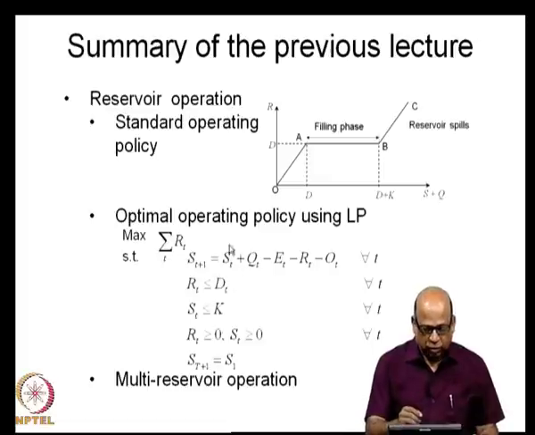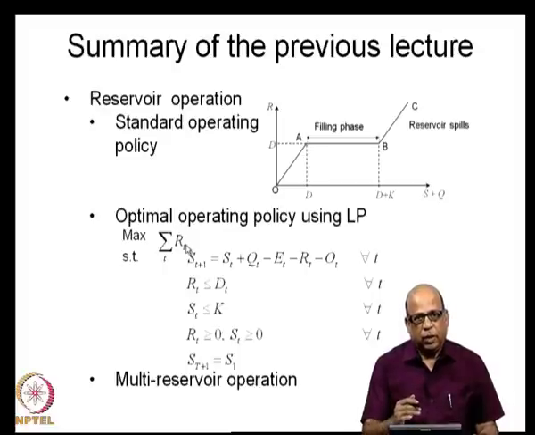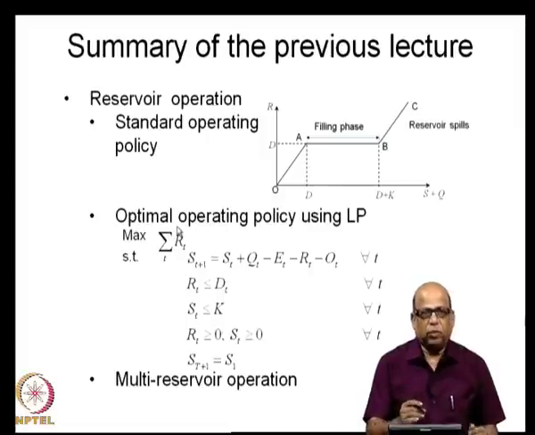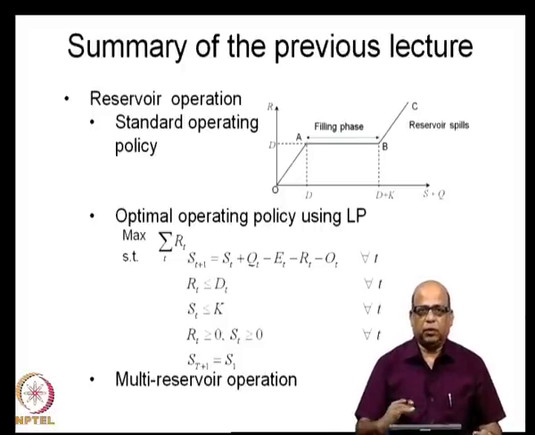Whereas, in the optimization, you arrive at a certain operating policy in terms of the releases to be met, as well as the storage to be maintained in the reservoir, by looking at the entire year. So, typically we solve it for a 1 year time horizon. By looking at the entire year, you will arrive at the optimal operating policy. That is the major difference, and therefore, the standard operating policy will not yield an optimal policy, whereas the optimization techniques that we have dealt with in this course can be used to obtain the optimal operating policy.